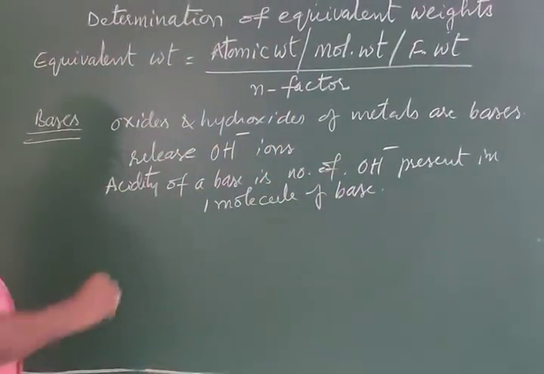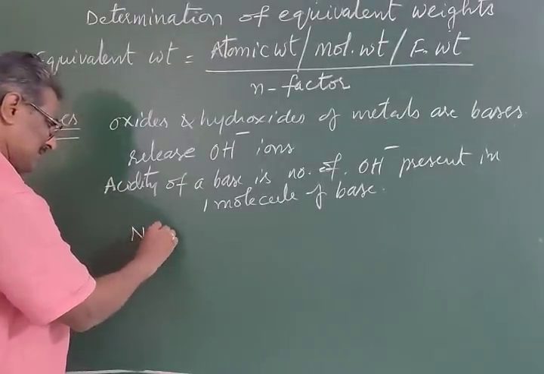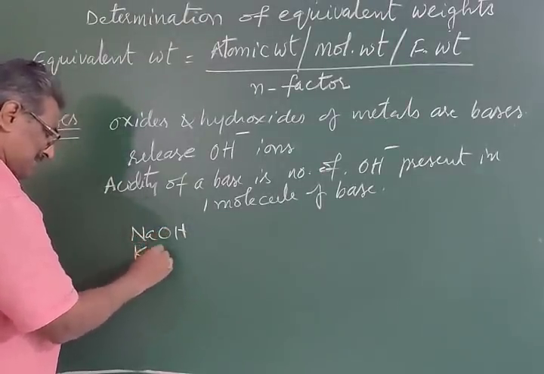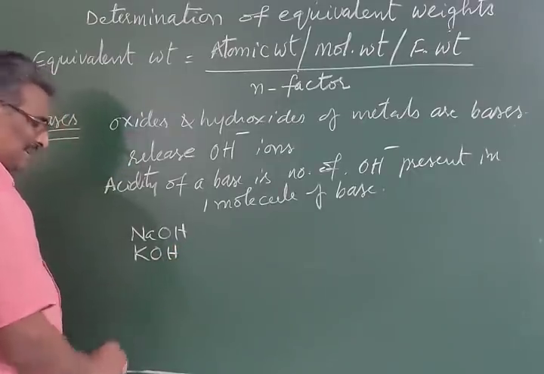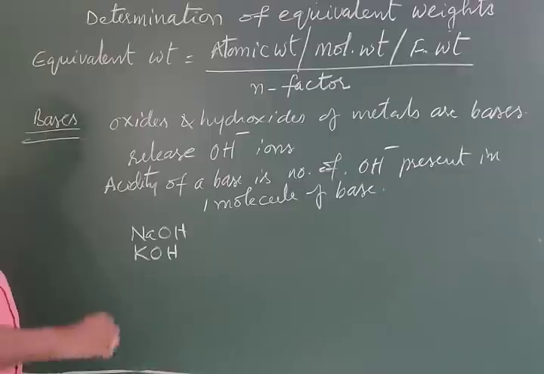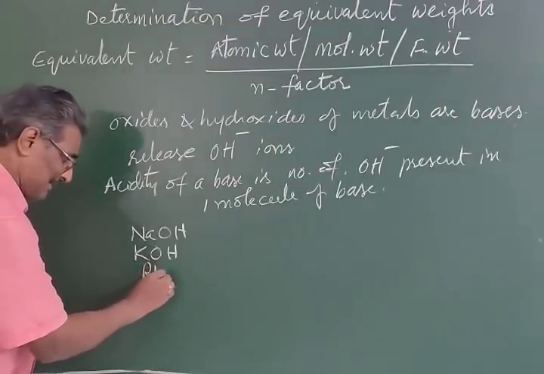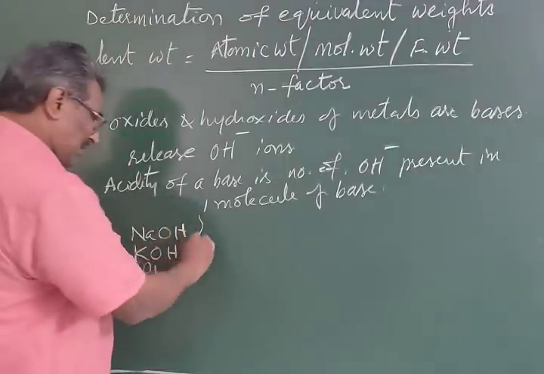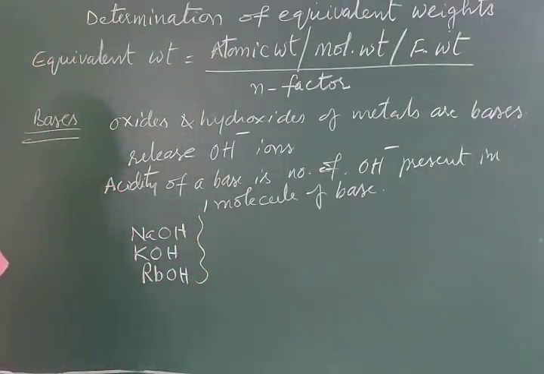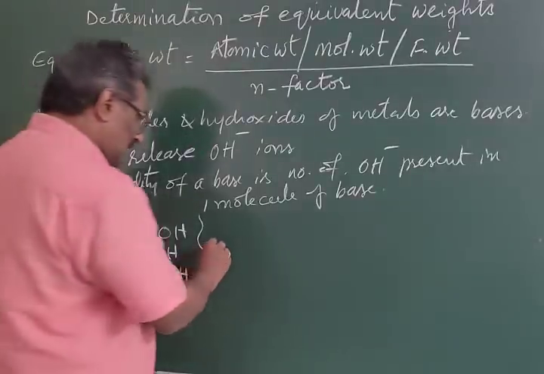For example, sodium hydroxide, potassium hydroxide, rubidium hydroxide, these are all having one OH group only.